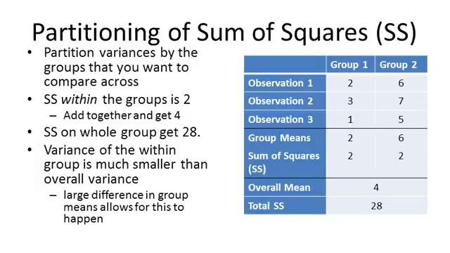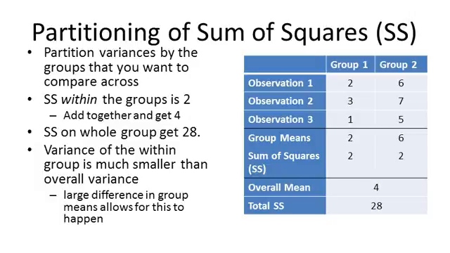Basically, what you do is you take the first observation and subtract the mean from it, so 2 minus 2 is 0, and square that, 0. Then you take the second observation, 3 minus 2 is 1, squared is 1. And then the third observation is 1 minus 2, which is negative 1, and you square it again, it's going to give you 1. So in this case, you had 0 plus 1 plus 1, which is a total of 2 for your sum of squares. Same thing can be done for group 2.